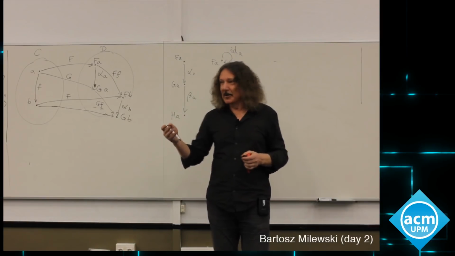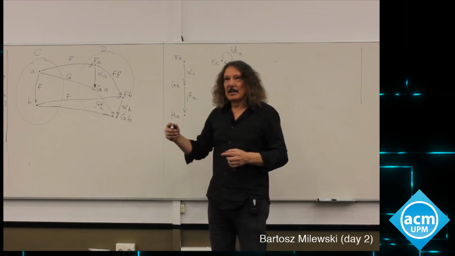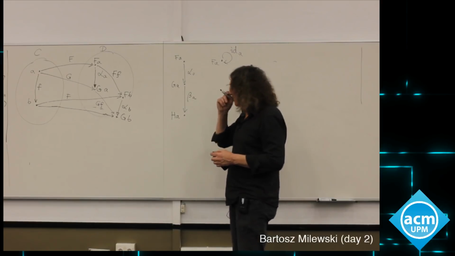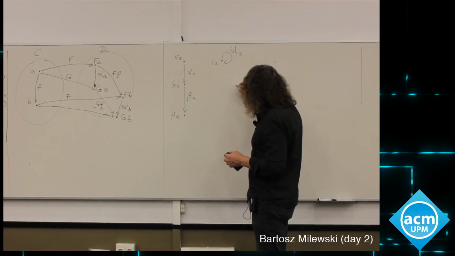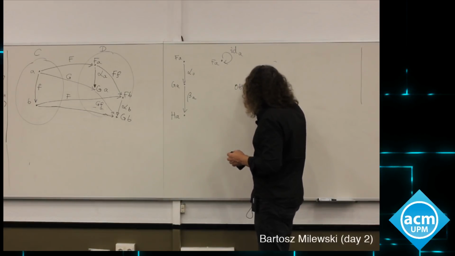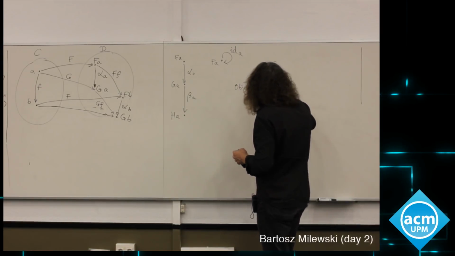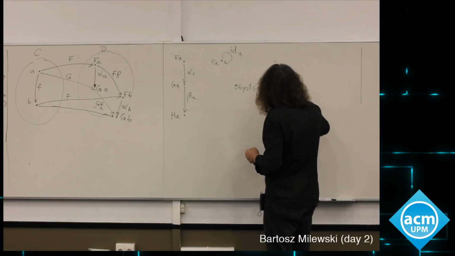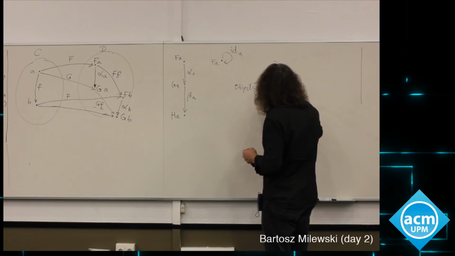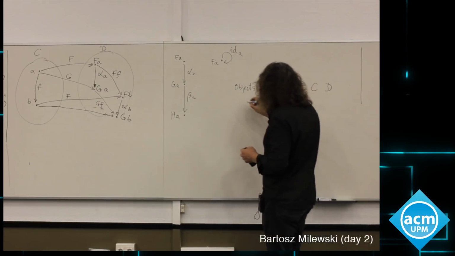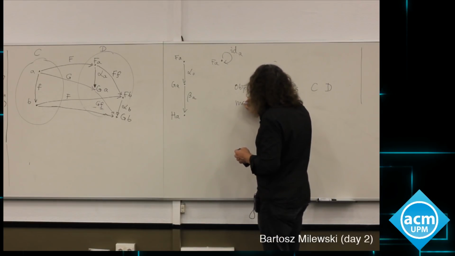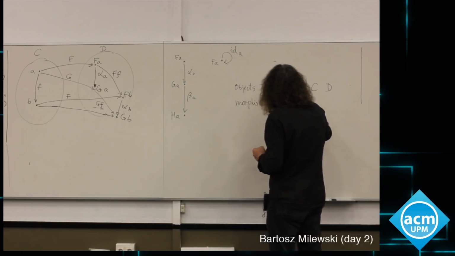What is this category? Well, it's a category in which objects are functors between some categories C and D, and morphisms are natural transformations.